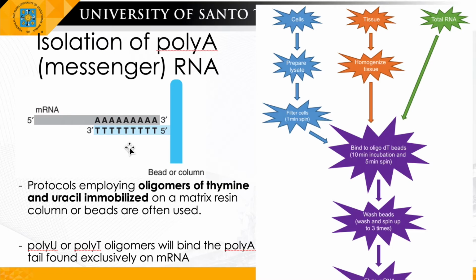After washing away the residual RNA, the polyadenylated RNA is eluted by washing the column with low salt buffer containing the detergent. From this, around 30 to 40 nanograms of mRNA can be obtained.